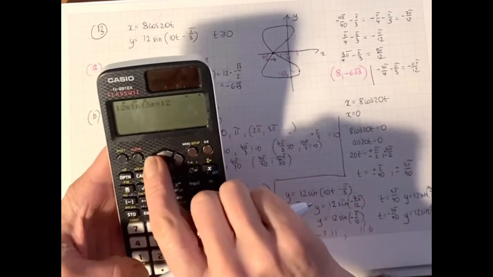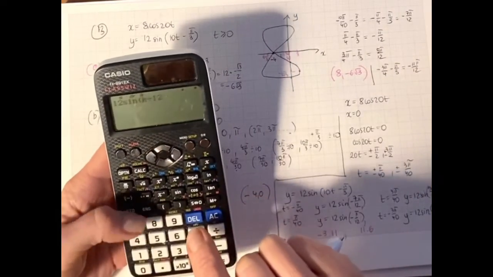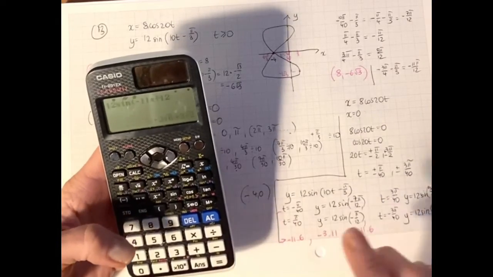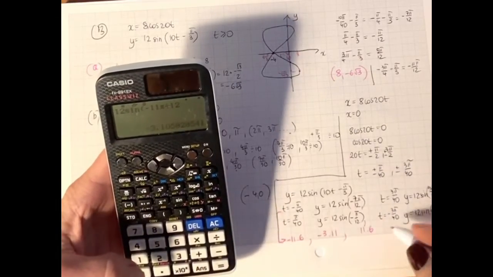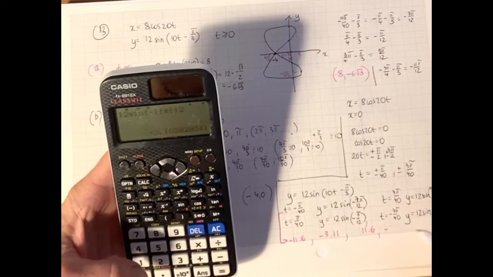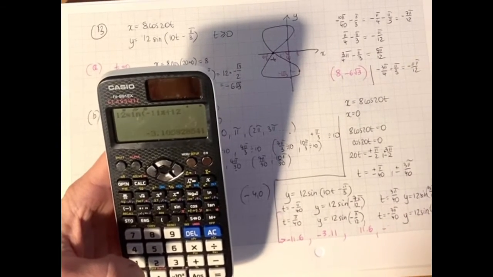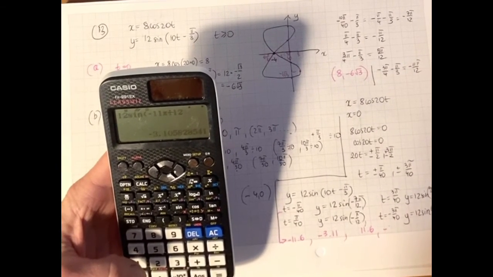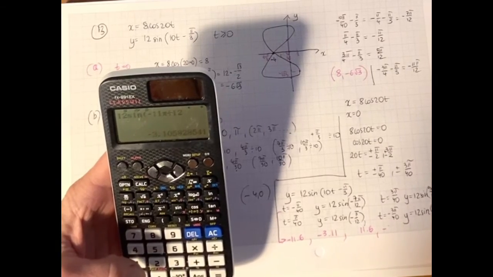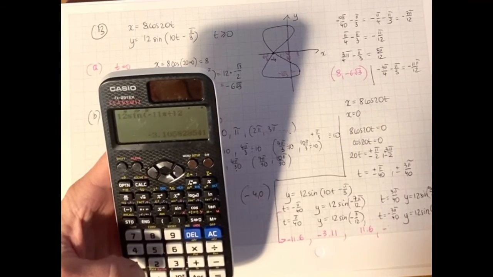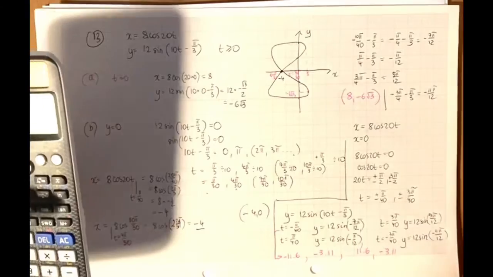So if we put minus 11, that will give me the value of minus, what happened there? Okay, I had to find the mistake.